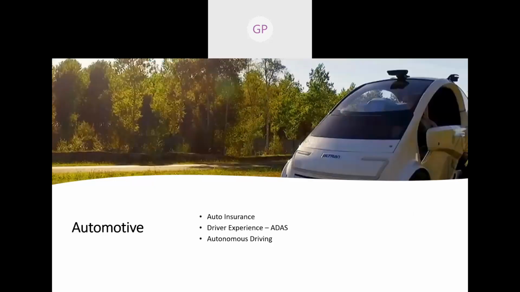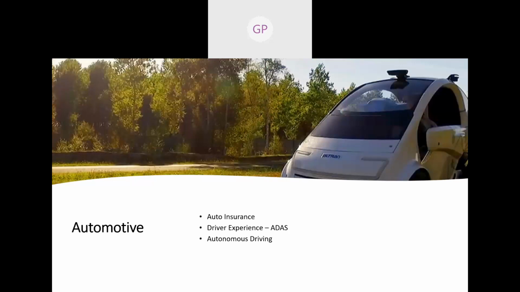Then there is also automotive, wherein the use cases are auto insurance based on the driving data of users: collecting the data through ports available in the car, sending it out, storing it on the cloud, and then analyzing it to arrive at a precise insurance value.